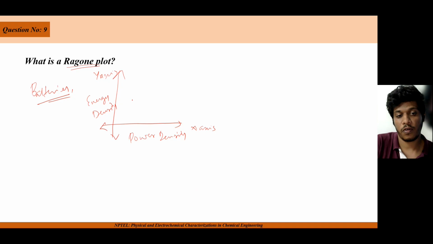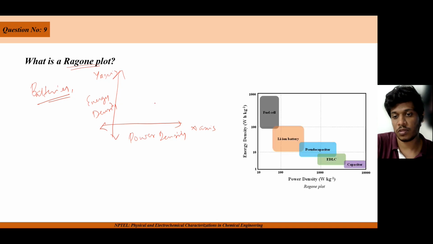This plot provides us information about how efficient our energy storage technology is. Efficient in the sense of how well it can store energy and how well it can deliver that energy for a particular use.